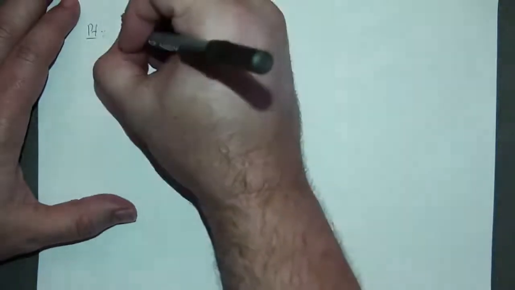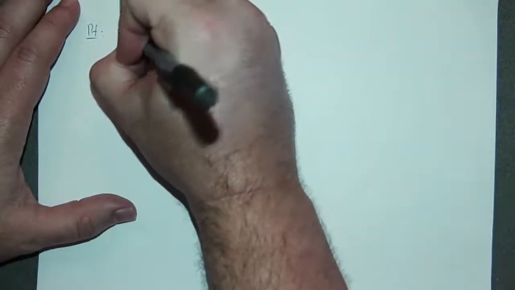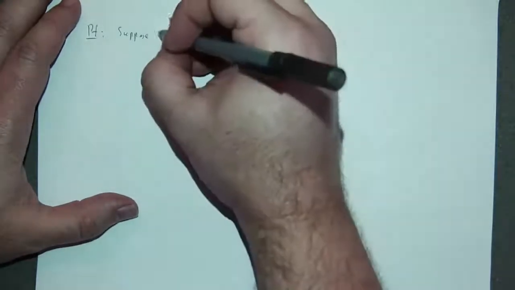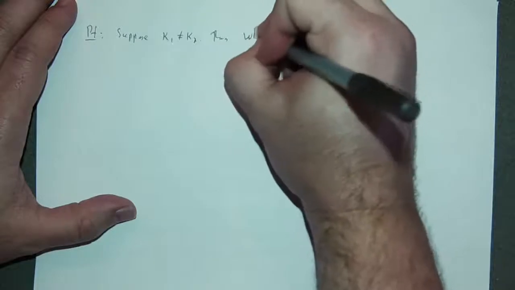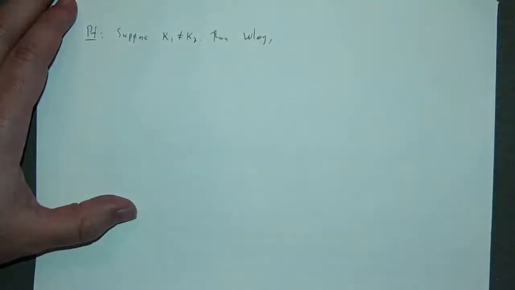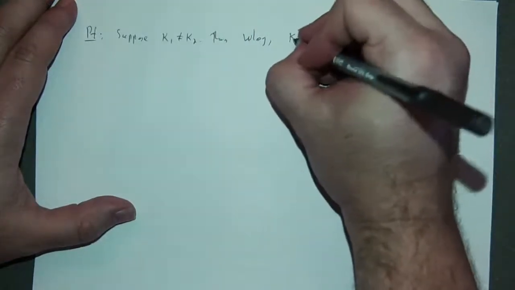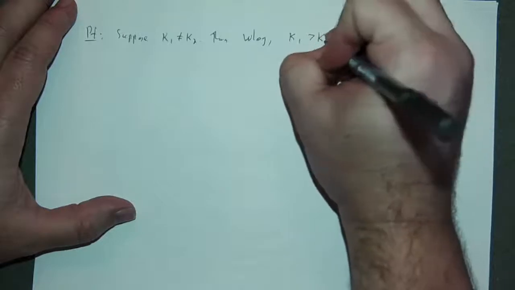Okay, so suppose for a second that kappa sub 1 is not equal to kappa sub 2. Then without loss of generality, we can assume, say, that kappa sub 1 is greater than kappa sub 2.